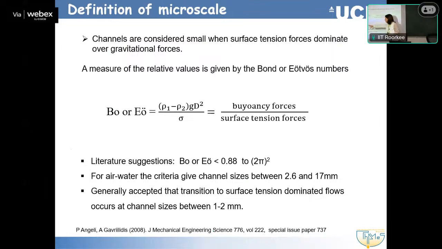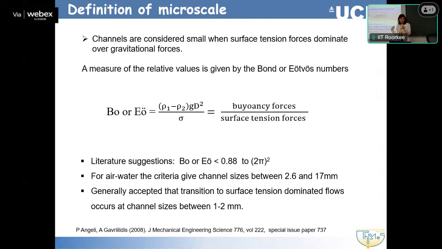So various people in the literature have suggested various values. This is some range. They said the Bond number has to be either less than 0.88 or up to this value. If we try to apply that to air-water flows, this means that we are dealing with channels between 2.6 and 17 millimeters.